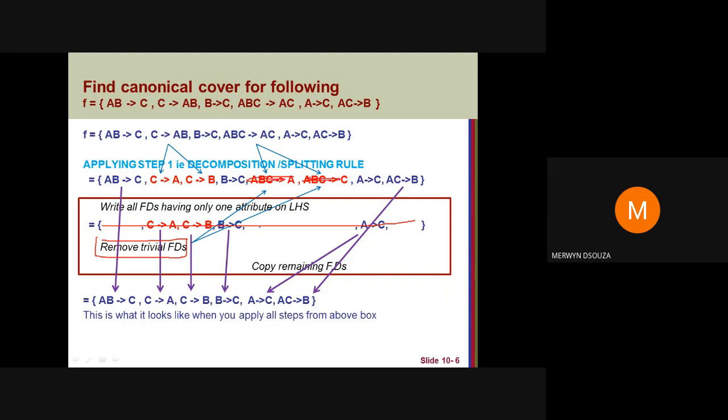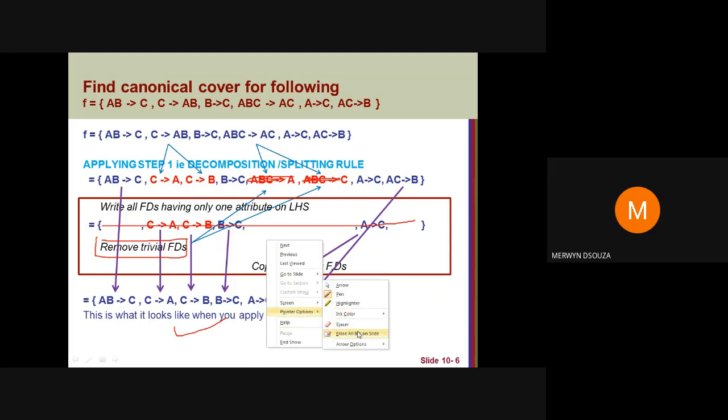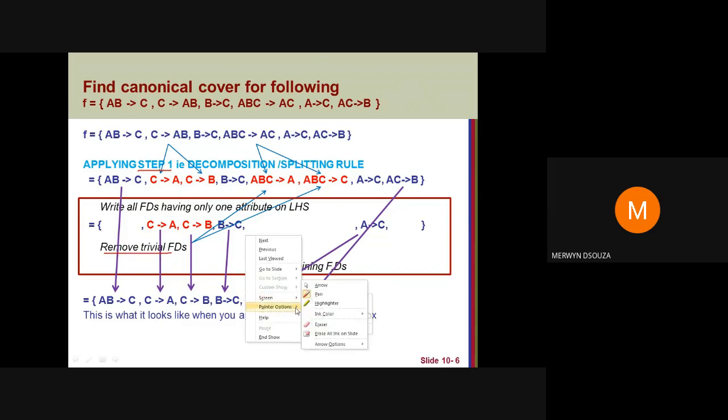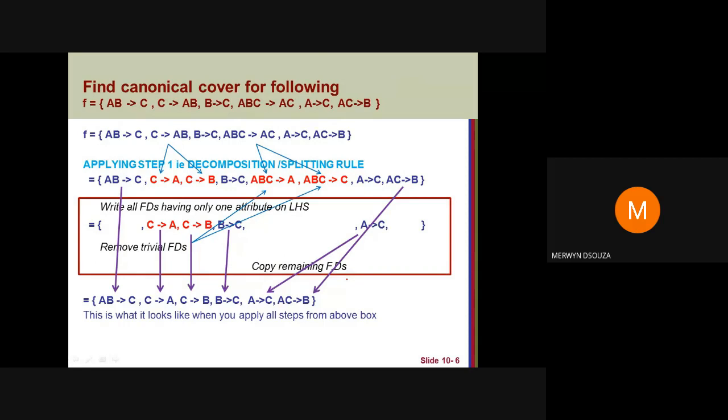Once you remove them, all the remaining FDs, when you copy, you will get something like this. This is how you apply your step 1: splitting rule, and then remove the trivial functional dependencies. This is what we have got till now in step 1.